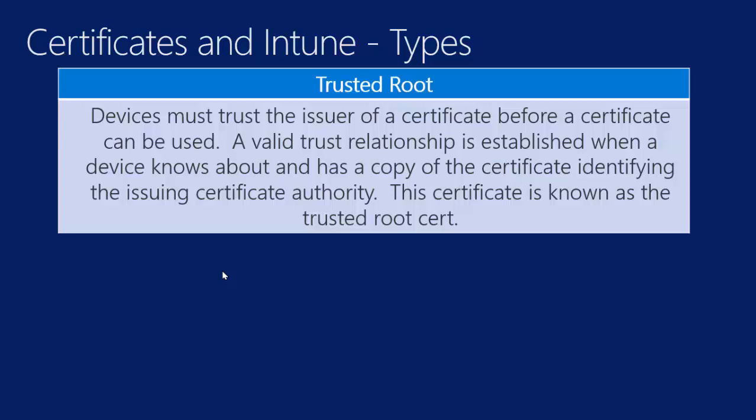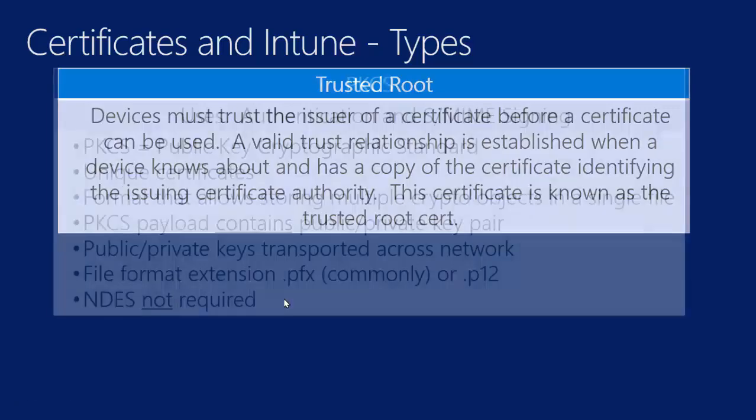For your own PKI, you may or may not have the trusted root certs already present, right? In the case of devices registering and enrolling into Intune, likely you don't have certs, and so you need to find a way to get the certs onto the device. I'll show you how to do that really easy for the trusted root cert, and we'll start there. Okay, so that's what a trusted root cert is.